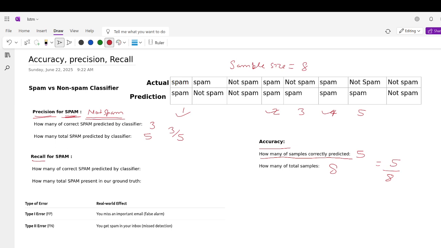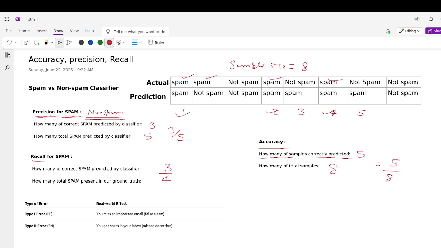What about recall? For recall, in the denominator we take the ground truth instead of the predicted values. For spam, the actual spam samples were 1, 2, 3, 4. There are a total of 4 ground truths of spam. And how many correct spam predictions did the classifier make?